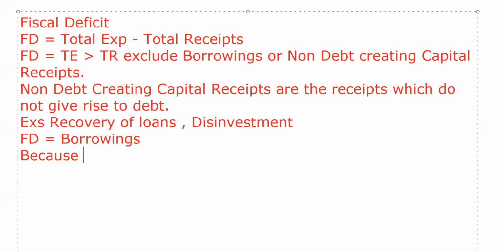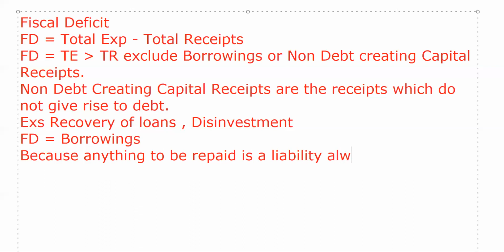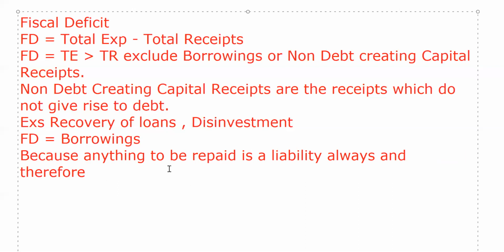So loan is not included in the fiscal deficit because this is a liability. Because anything to be repaid is always a liability, and therefore not included in fiscal deficit.